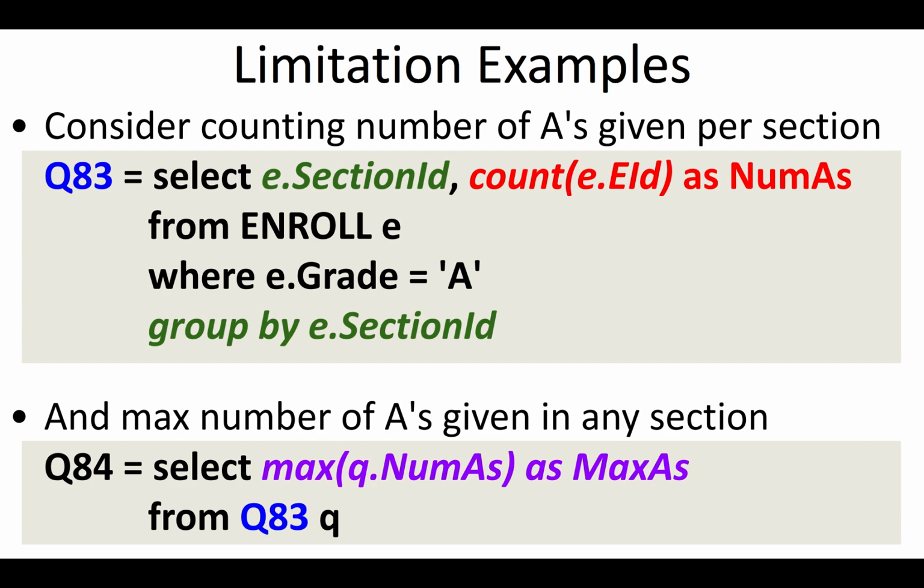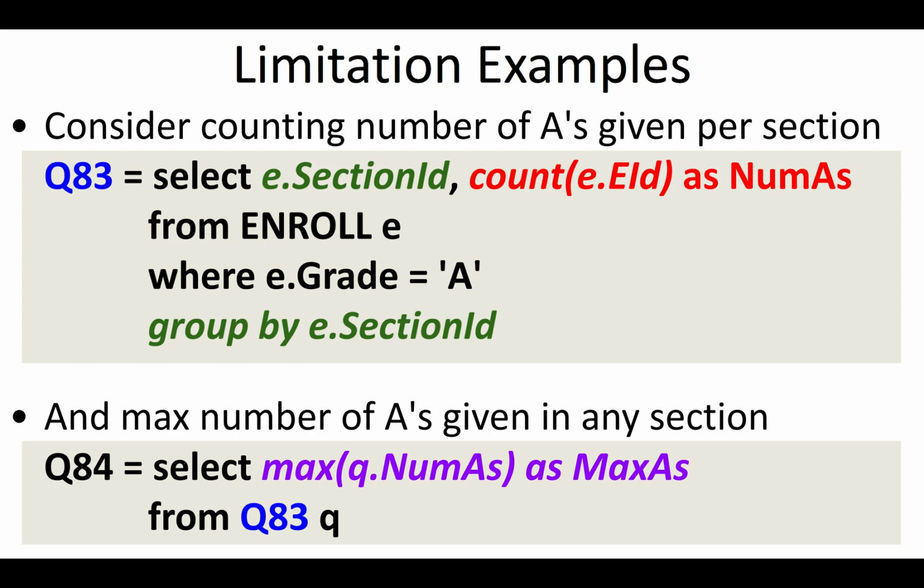So let's look at an example looking at grades. Say you have in Q3, you're saying calculate for me from the section whose grade is an A. So I'm looking at the enrollment table. In the enrollment table, I have a section and I have the grade of a student.